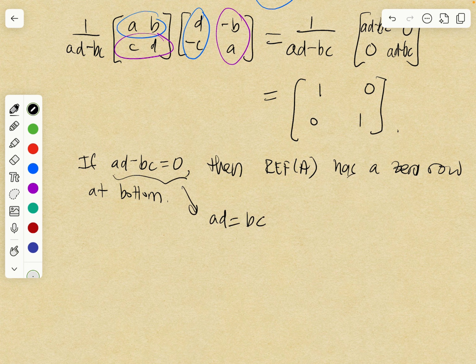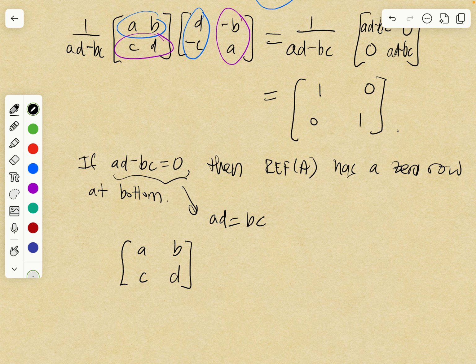One way to think about this is that AD minus BC equal to 0 is the same as saying that AD is equal to BC, right? So if I have A, B here, and C, D, the thing is that you have to look at different cases, depending on if A and D and B and C are 0.